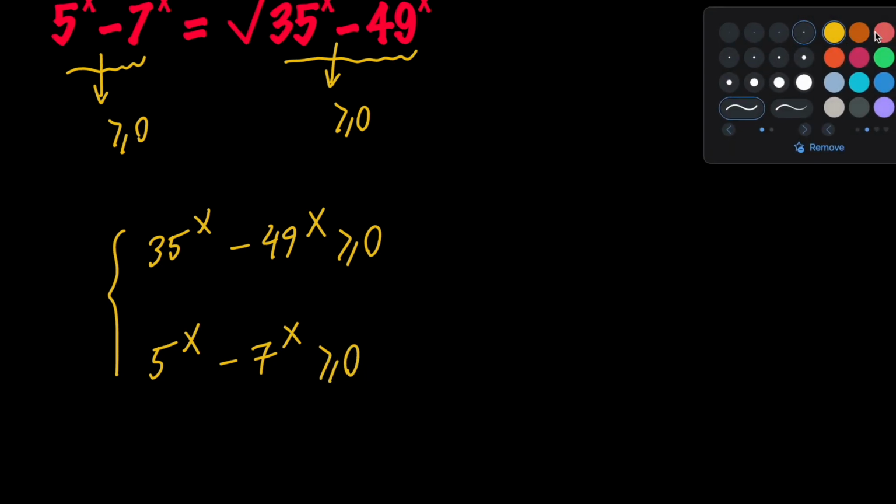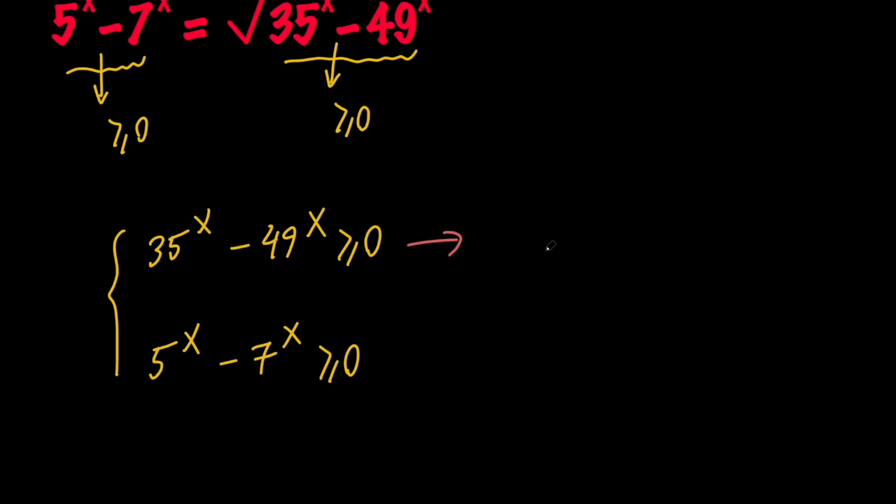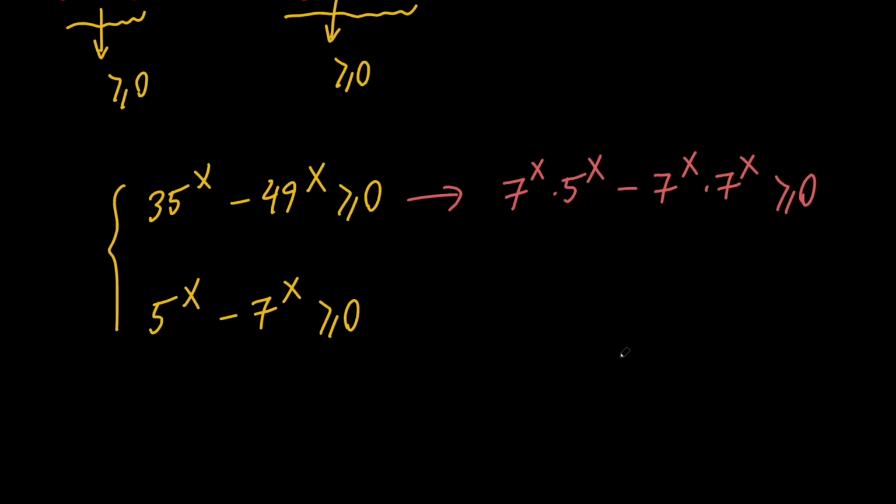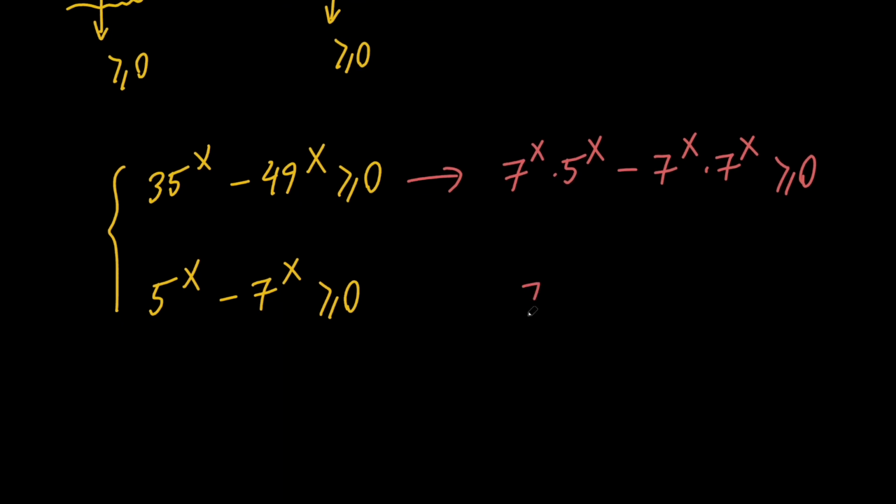So from the first one, we can say that 7 to the x times 5 to the x minus 7 to the x times 7 to the x is non-negative. Next, we can go ahead and factor out 7 to the x. And if we do so, we're going to get 7 to the x times 5 to the x minus 7 to the x.